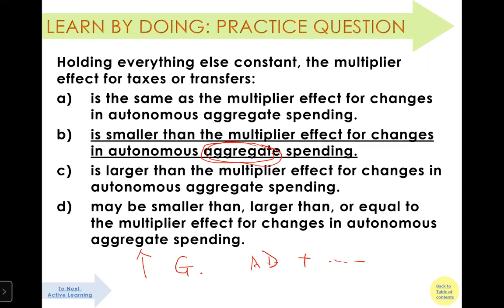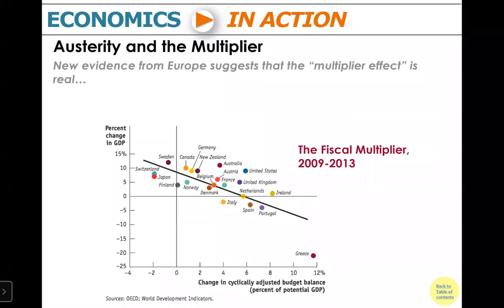But the multiplier effect of taxes works, in the initial stage, through changes in income for households. The household is then going to spend a fraction of those changes in income coming from a tax cut or transfer. So that's why it is smaller.